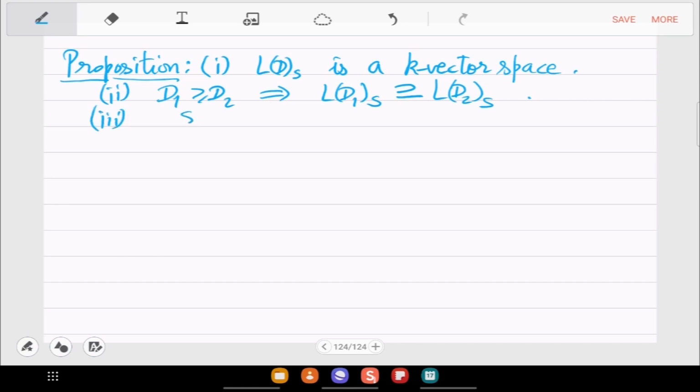And a similar thing for the subset. How will you compare L(D,S) and L(D,S prime)? You can use a similar intuition. S has fewer points, so fewer constraints. So L(D,S) should be bigger. That is actually true.